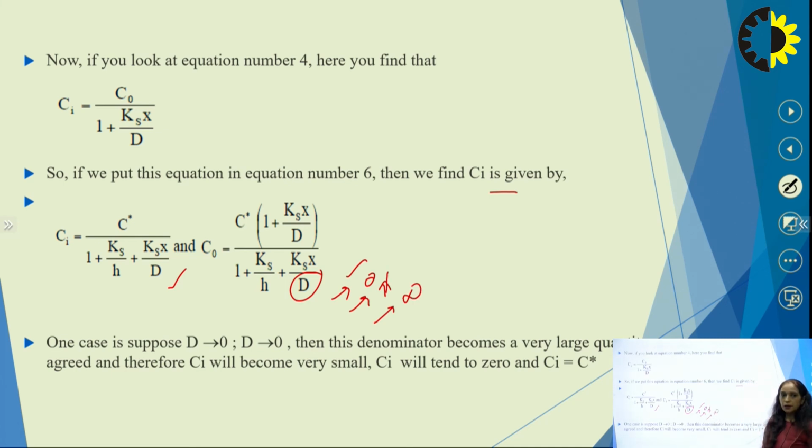We are going to cover that in the next few lectures. For example, if D approaches 0, then the denominator will be very large and Ci will be very small. So Ci tends to 0, and C naught will be equal to C equilibrium.